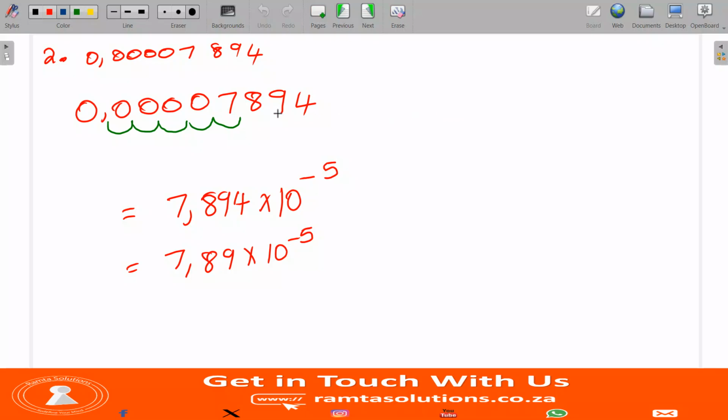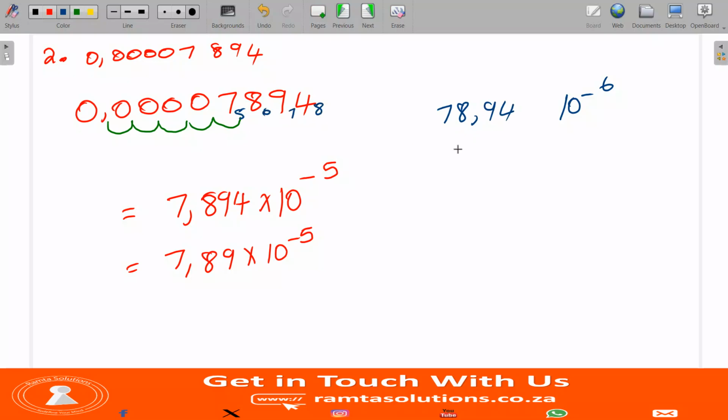So now we're going to try 6 places to the left. Already this is 5 and 6 will be here. It'll be 78.94, isn't it? This will be the 5th, this will be the 6th, this will be the 7th, this will be the 8th.